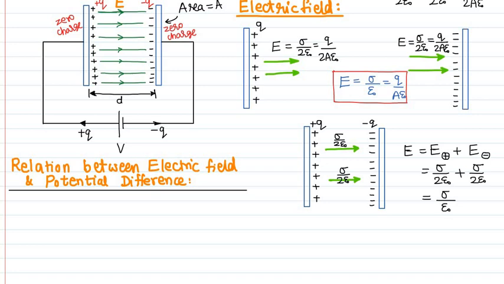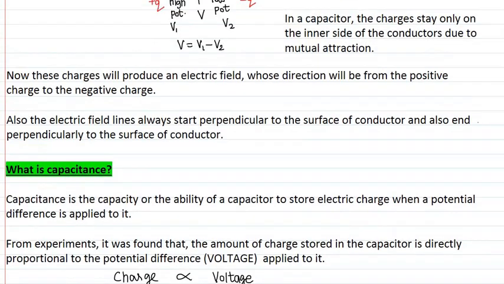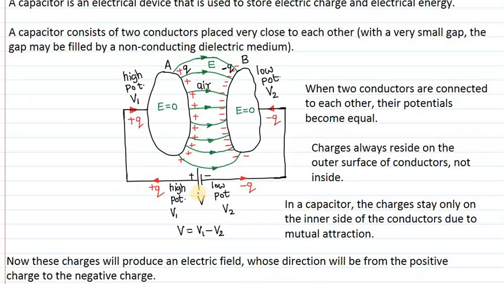Now we should discuss the relationship between the electric field and the potential difference. We have already found the electric field here, and now we will find out its relationship with the potential difference. First of all, we should note that V is the potential difference of the battery. So V1 is the potential of the positive terminal and V2 is the potential of the negative terminal, and after connection, V1 and V2 are the potentials of the two conductors.